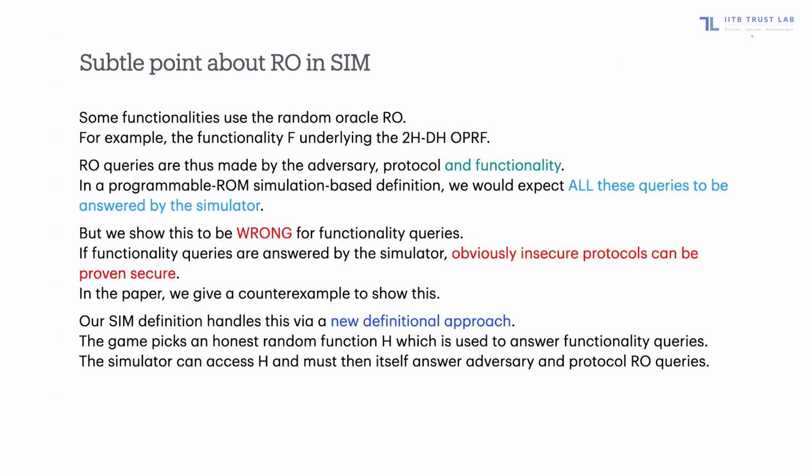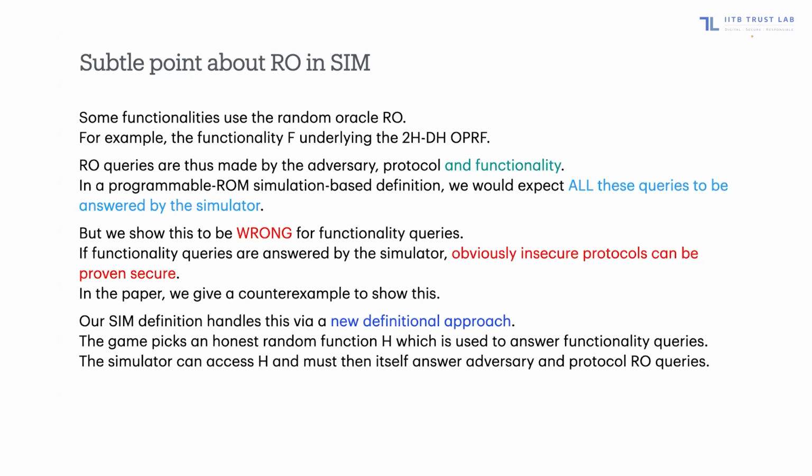There is a subtlety that arises when we have the programmable random oracle. In these definitions, it is assumed that the simulator, the protocol and the adversary will query the random oracle, but we also have functionalities which query the random oracle.